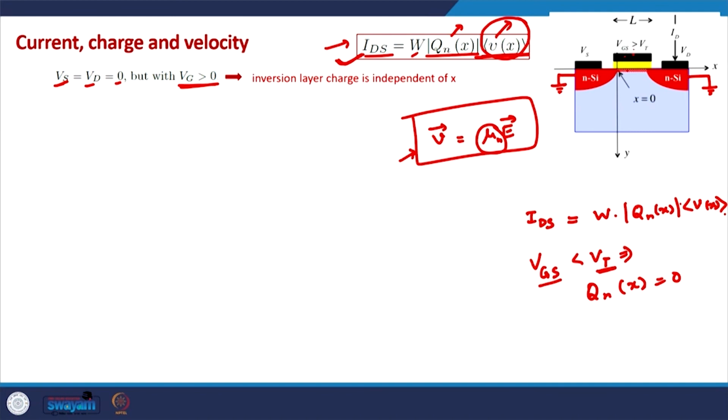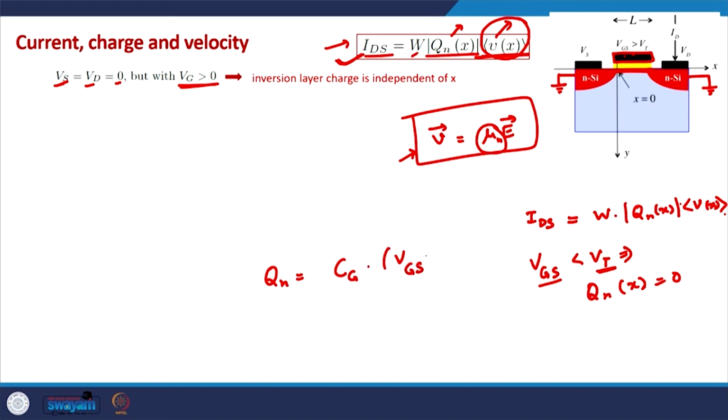We have a conducting gate contact, a conducting channel, and in between a dielectric or an insulator. So the charge in the channel will be the capacitance, which is generally the gate capacitance, times the voltage applied.